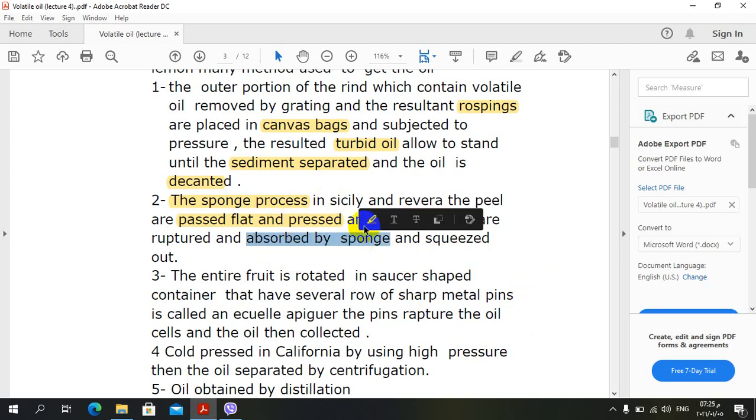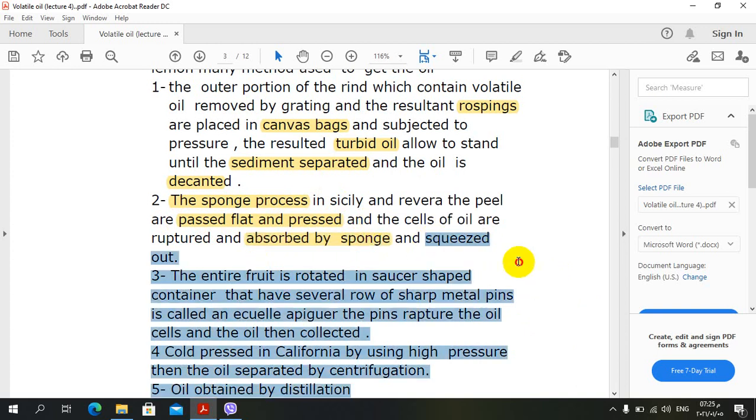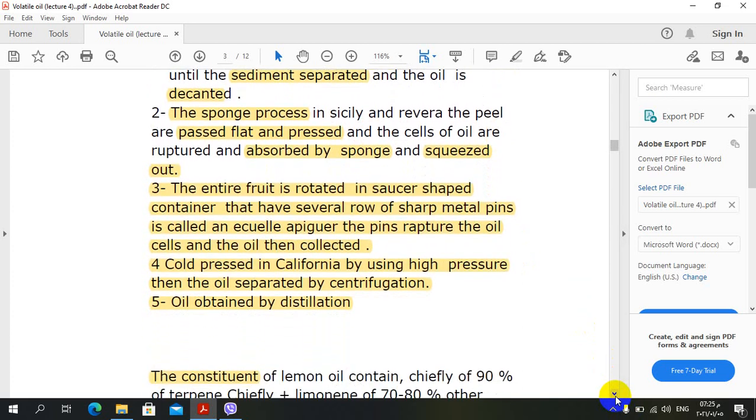The entire fruit is rotated in a saucer shaped container that has several rows of sharp metal pins called an écuelle. ذكرناها بالمحاضرات الأولى كلمة الإكيولي اللي تعني أنه أكون نوع من أنواع السطوح اللي تحط بروجكشن مثل المسامير ويمررون عليها المادة اللي يريدوها، وهذا راح يفتح السيلز مال الأويل وتنسحب للخارج. The pins rupture the oil cell and the oil is then collected.